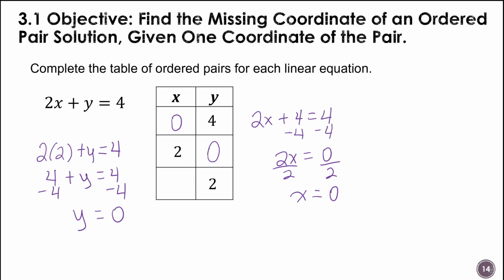And then on the last ordered pair we substitute 2 for y, so it's 2x plus 2 equals 4. Subtract 2, 2x equals 2, divide by 2 to solve for x, and x is 1. So the table is complete, and I'm going to stop this video, and there may be a few more on the next one.